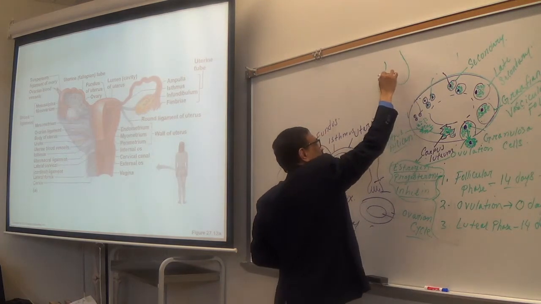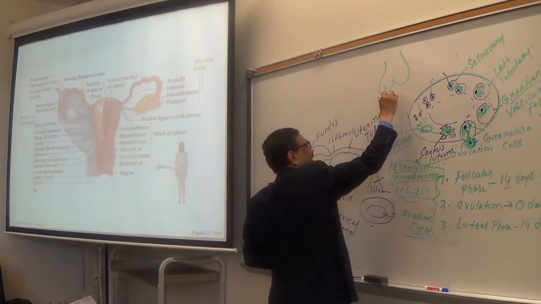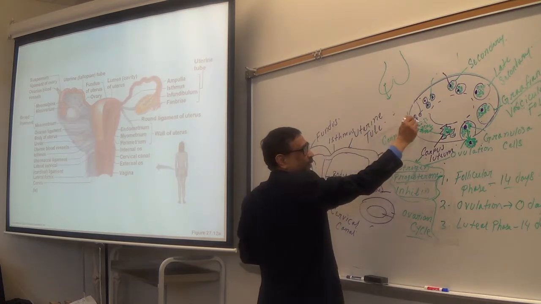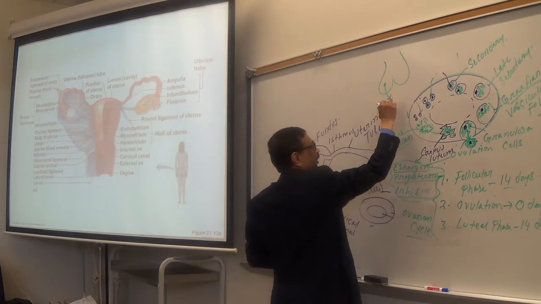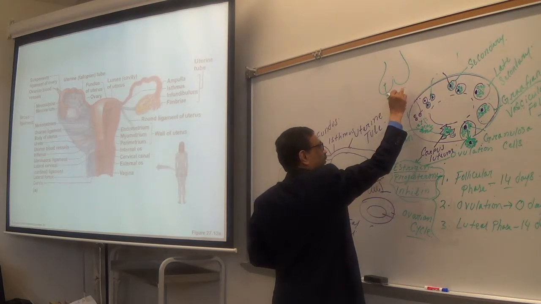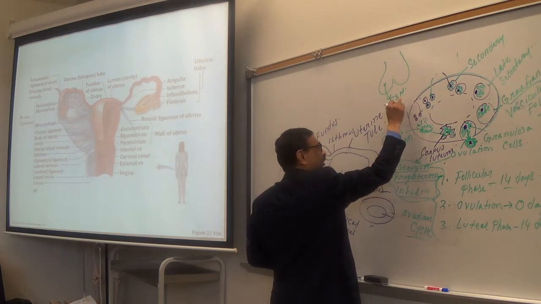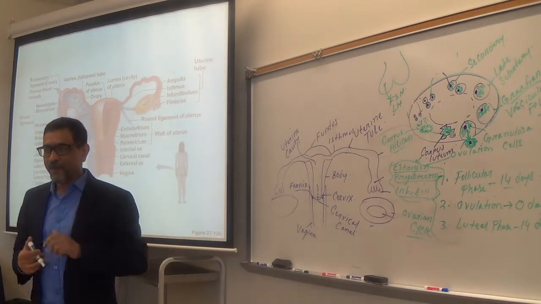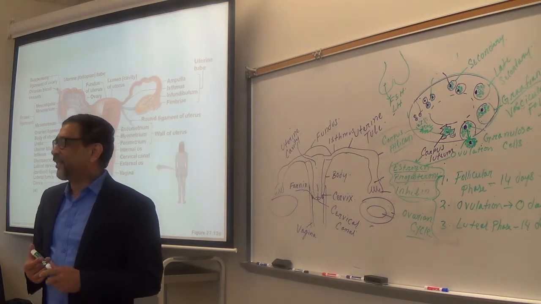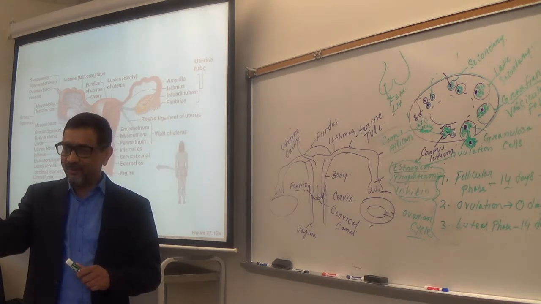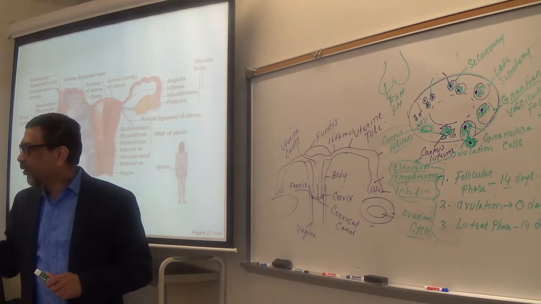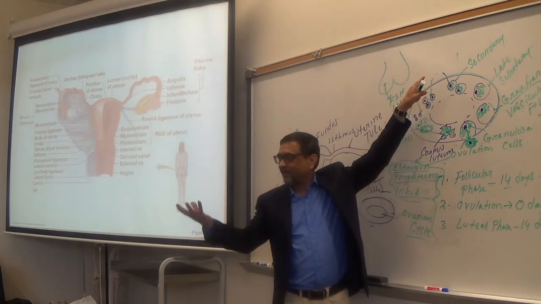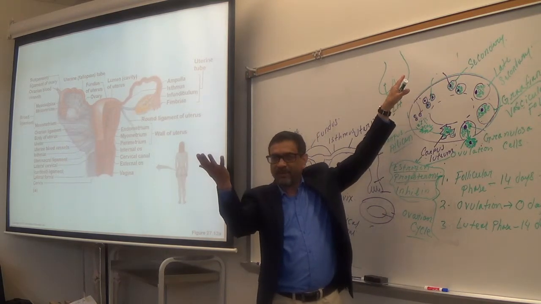You must remember the anterior pituitary secretes 6 hormones, and 2 of those hormones work on the ovary. Follicle stimulating hormone and luteinizing hormone, FSH, LH. FSH, its name is what? Follicle stimulating hormone. Make sense? So it will stimulate the follicles and help them to grow and get mature.